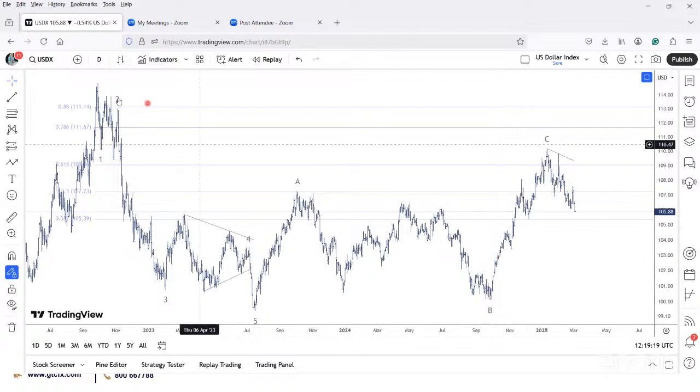So you can see 5 waves down, 1, 2, 3, 4, and 5. Always followed by a 3 wave corrective rally, A, B, and C. It's not always, but it's mostly followed by a 3 wave corrective rally, labeled as an ABC. All right. Okay. Let's go back to the theory now.